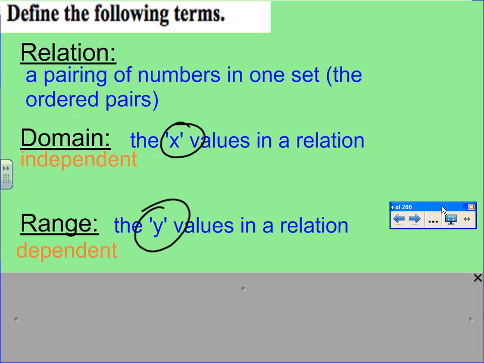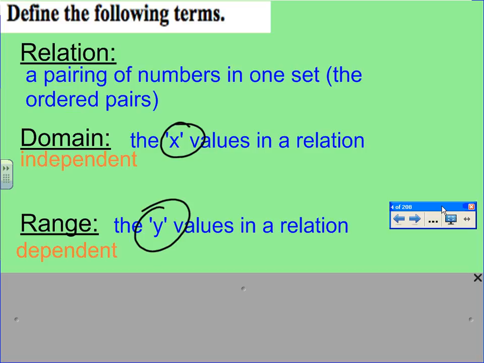Before I move to the next definition, does anyone know another name for range or another name for domain? Neil? Good. Awesome. Yeah, we're going to get into more detail about that. Next year, you will talk more about independent and dependent based on scenarios to linear functions.